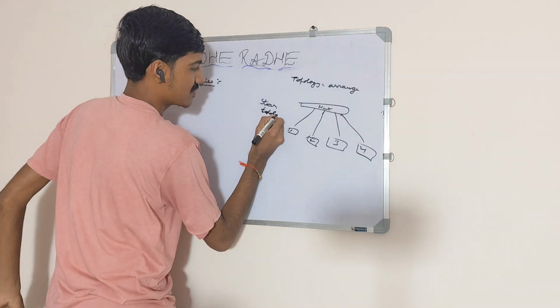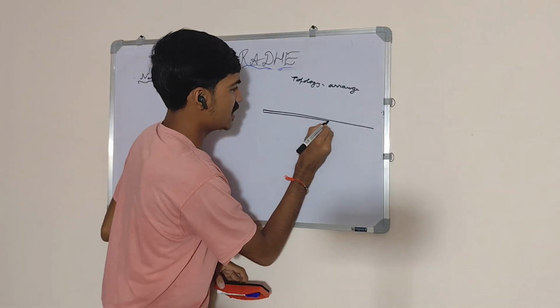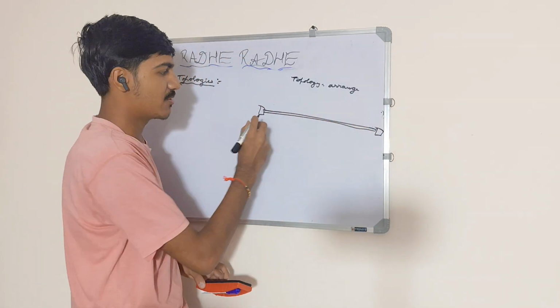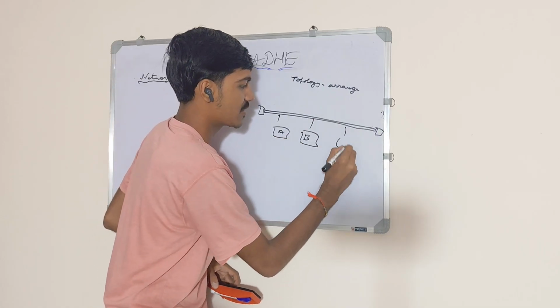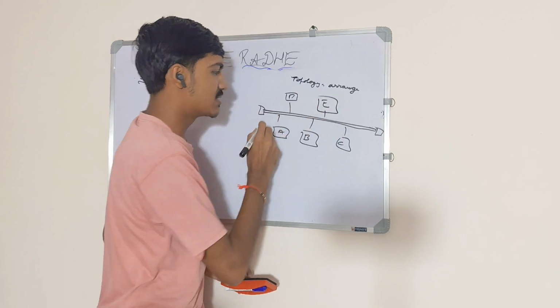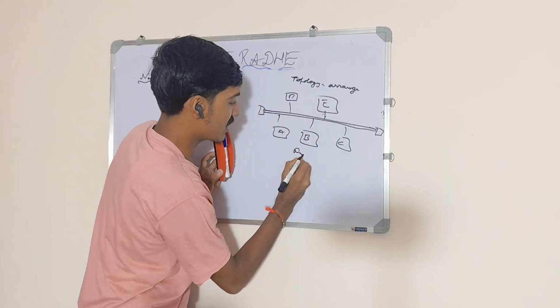Star topology. We have one more. A straight Ethernet cable runs here with terminators at the end. We have devices connected here: A, B, C, D, E. These are known as drop links. This is called bus topology.